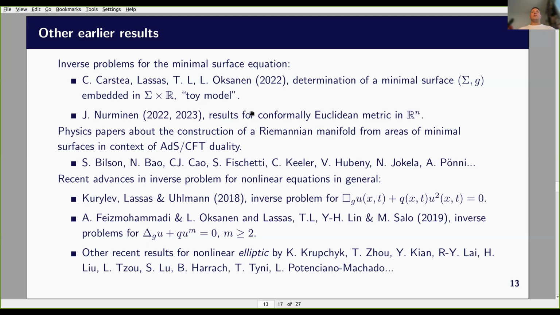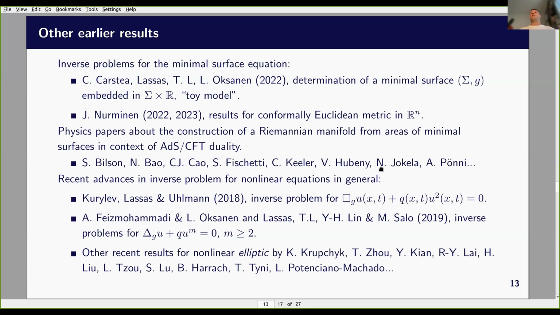Physics papers about the construction of a Riemannian manifold from areas of minimal surfaces in the context of AdS/CFT duality are, for example, by the following people. So this is Samuel Wilson. I think this is Ning Bao, maybe. This is Chung-Yung Kao, Sebastian Fischetti, Cynthia Keeler, this is Veronika Hubeny, she's quite a famous physicist.